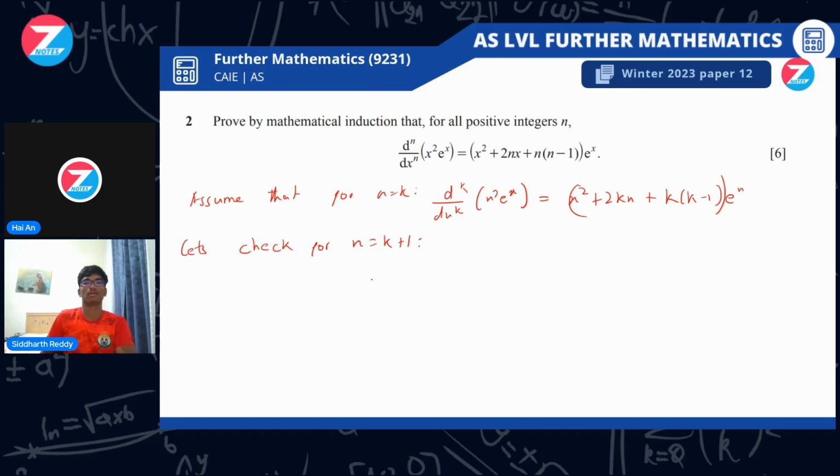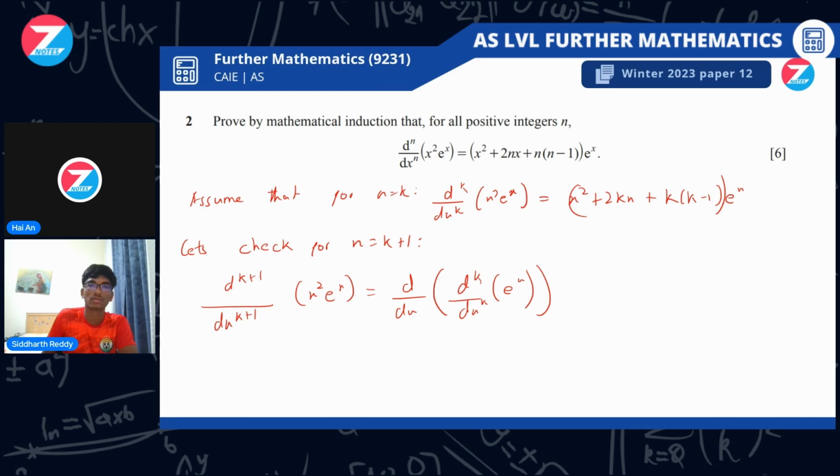And then we get d^(k+1)/dx^(k+1) of x squared e to the x. So this is nothing but d by dx of d^k/dx^k of x squared e to the x. And we already assumed that this was equal to x squared plus 2kx plus k(k minus 1) times e to the x, didn't we?